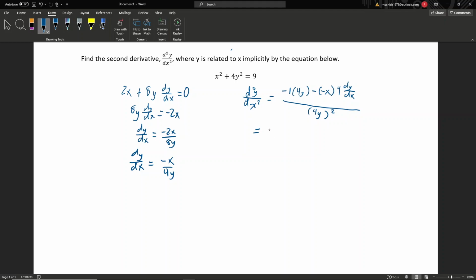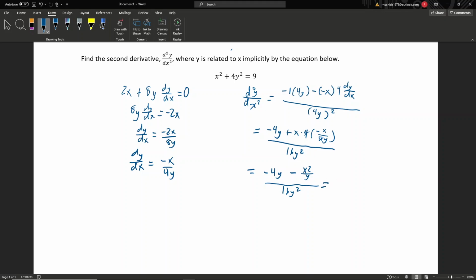So this would be negative 4y and then plus x times 4 times dy/dx, which we just found was negative x over 4y, all over that 4y quantity squared, so that would be 16y squared. So this would be negative 4y, and then minus, cancelling those 4's, x squared over y, all over 16y squared.